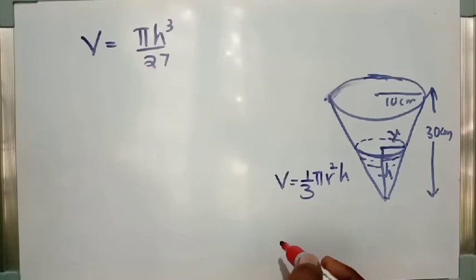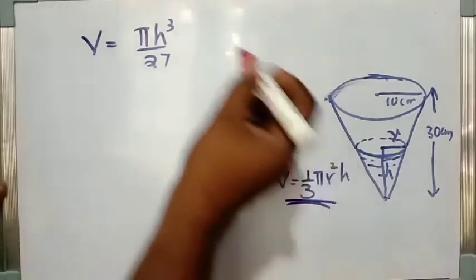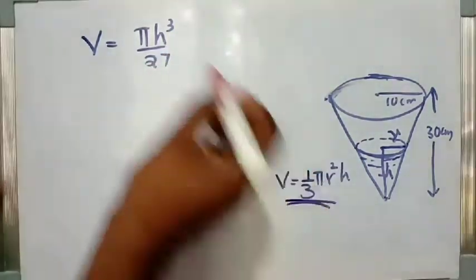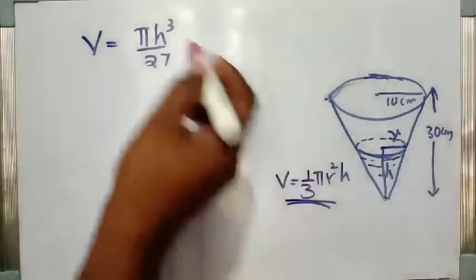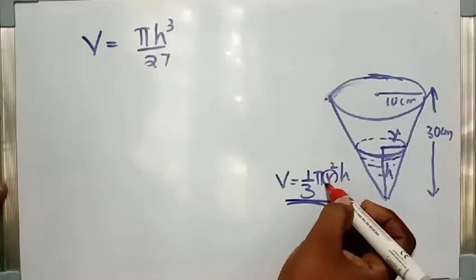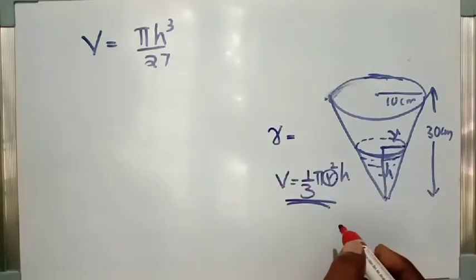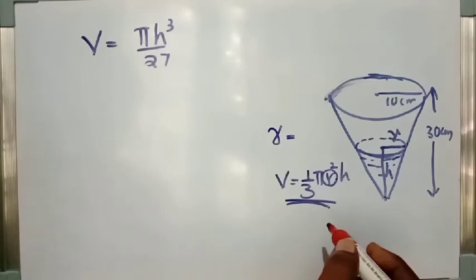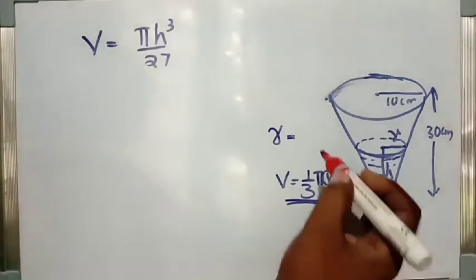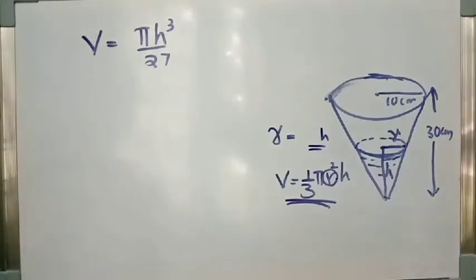But we have to convert this formula into pi h cube by 27. That means we have to find a proper value for r in terms of h. For that, what shall we do?